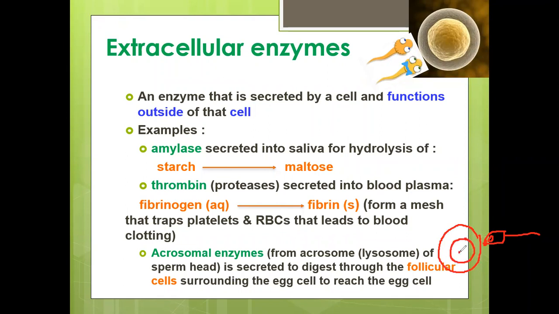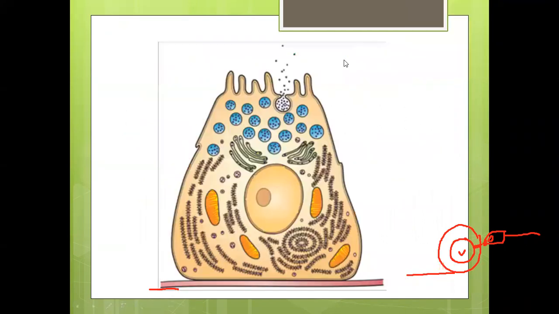So this is the egg, okay? And this is the layer of cells, which we call follicular cells. It will release those enzymes to digest a path through this layer of follicular cells in order to reach the egg. So these are all examples of enzymes released out of the cell. They're called extracellular enzymes, okay? This shows you how enzymes or any other chemicals are released out of the cell.